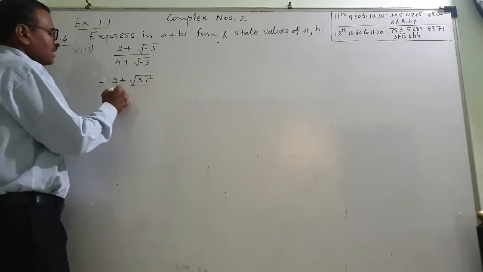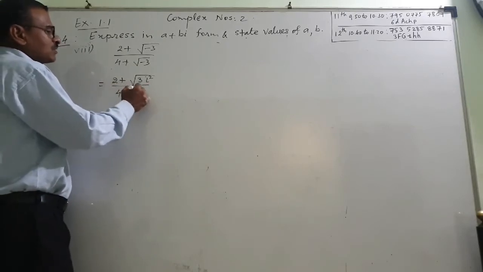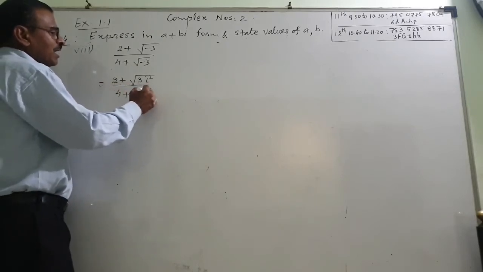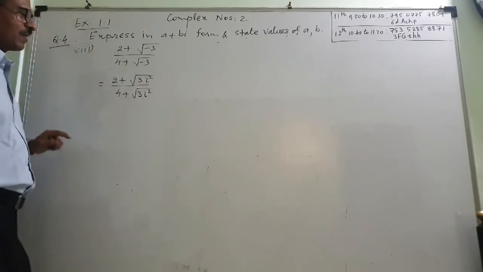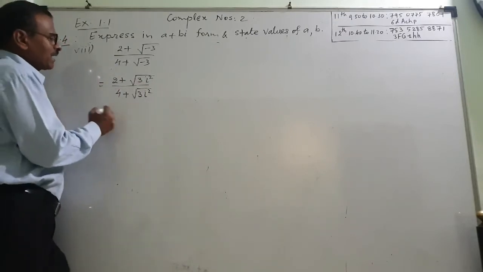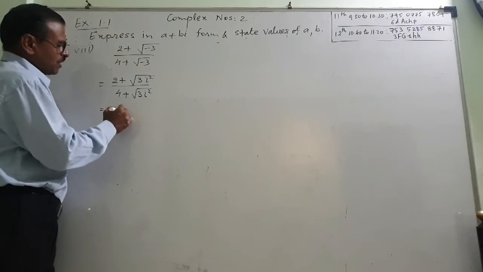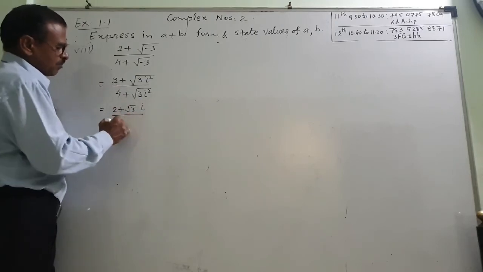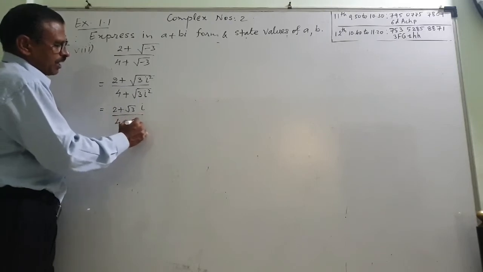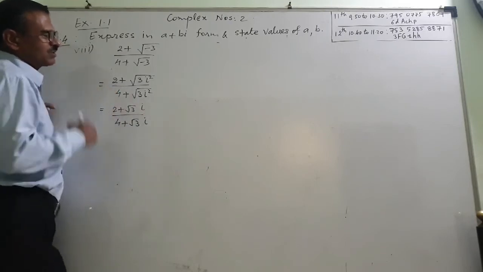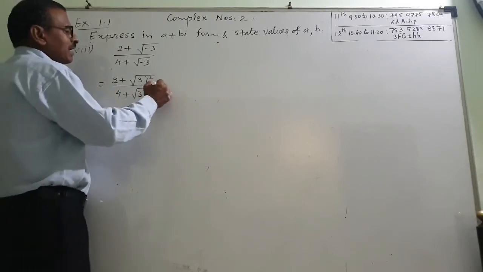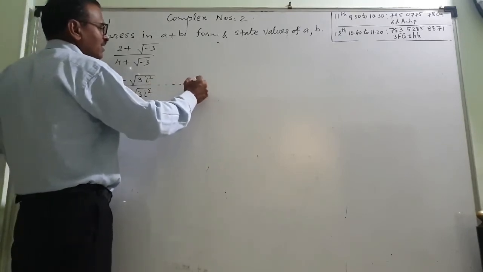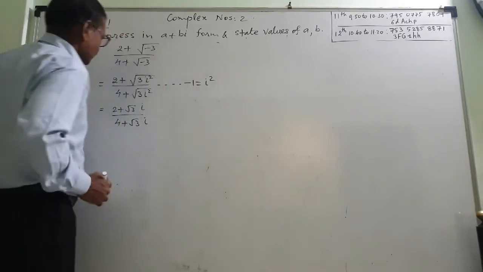This I will write as 4 plus root 3 i square. Or you can write it directly: 2 plus root 3 i upon 4 plus root 3 i outside. And here I will write minus 1, which is nothing but i square.